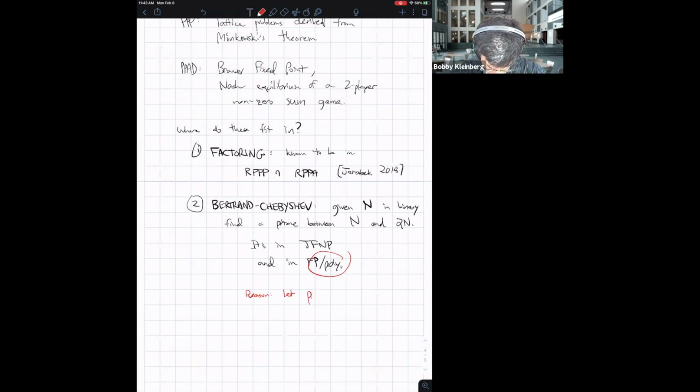So let's define P sub n to be the smallest prime number greater than square root of 2 to the n.